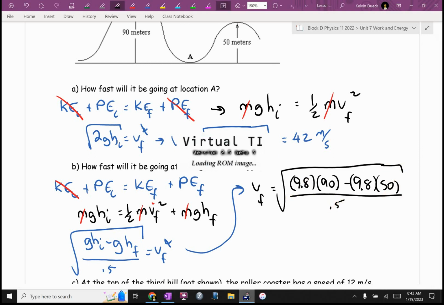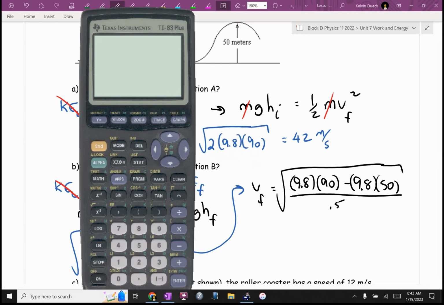How would I type this into my calculator? Some of you have the fancy fraction buttons and square roots. You can probably do this in one step. I would probably go, brackets around the top, 9.8 times 90 minus 9.8 times 50, close bracket, divided by 0.5, and then I would go square root, answer button. I think it's going to work out evenly.